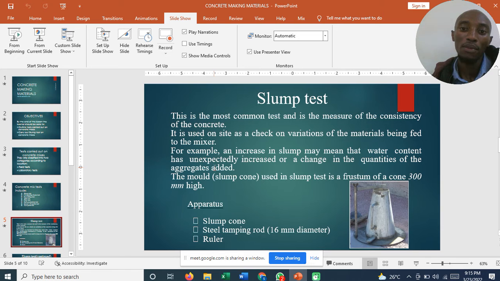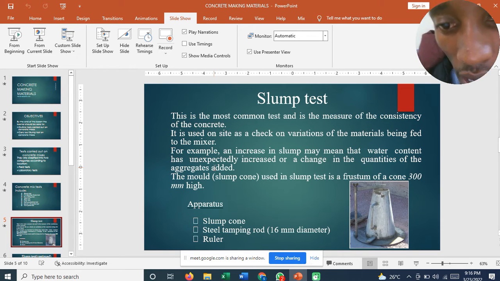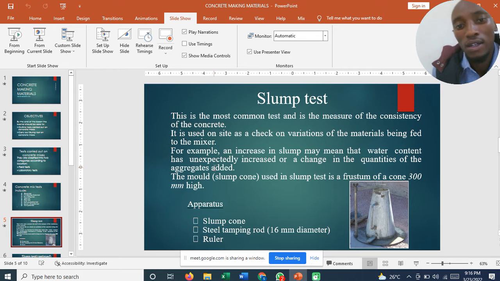Who knows what a slump test is? Is there anybody who has been to a site and encountered a slump test? Yes, Margaret. Briefly explain what a slump test is.